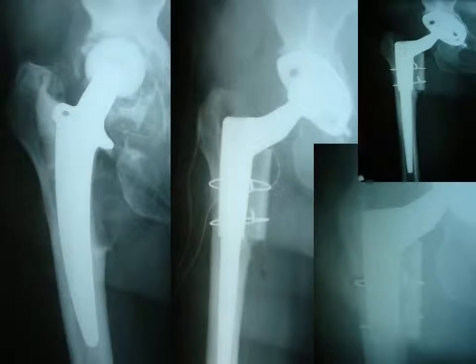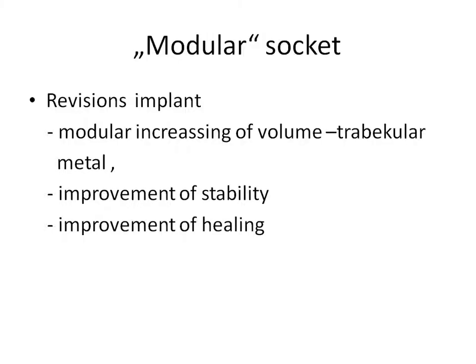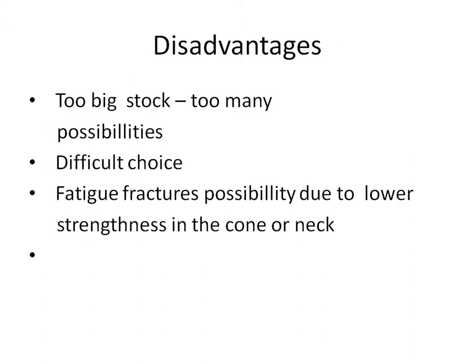You can see that we can treat with this prosthesis lots of problems without any large complication. Modular socket is also one of the concepts, but we shall not speak about that. Also, it will improve stability and improve healing of the prosthesis.